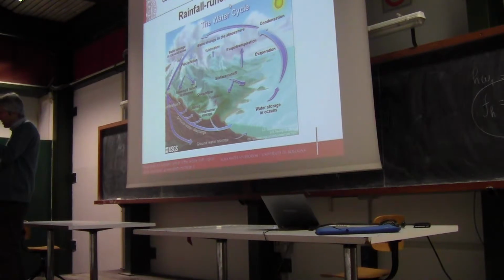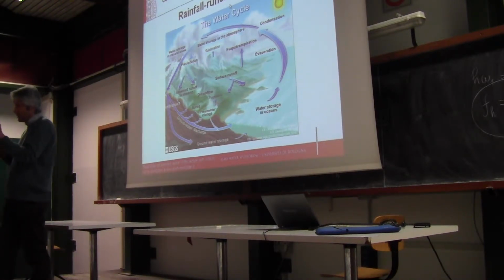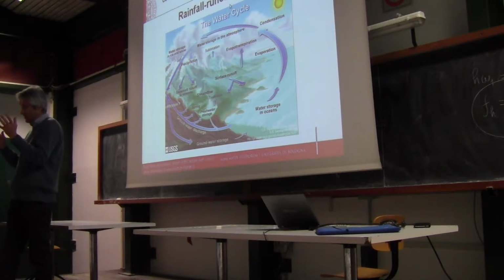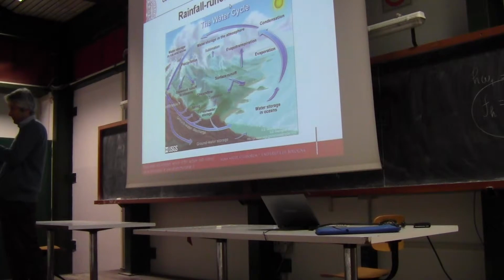If it rains over a catchment that is dry, or if it rains over a catchment that is completely saturated, it's wet, of course you expect a different river flow. If it rains on the wet, there is a proverb that says that it's a disaster. If it rains on the dry, it's more affordable. So what is the difference between wet and dry? The state of the catchment.